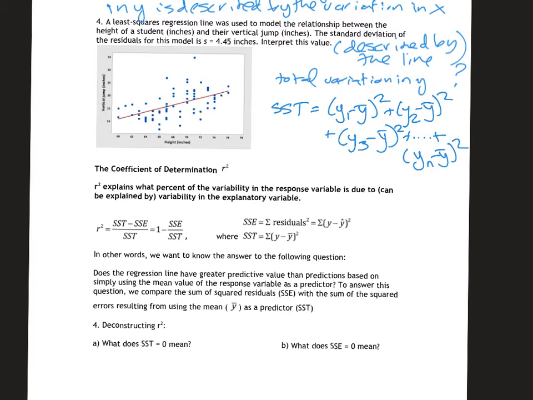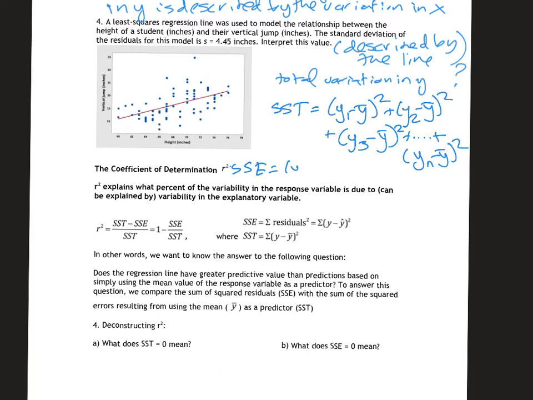Well, how does the variation in the least squared regression line compare to that? The variation in the least squared regression line is our SSE. The SSE is basically the sum of our residuals squared. Instead of comparing to the mean, we're comparing to the predicted value.